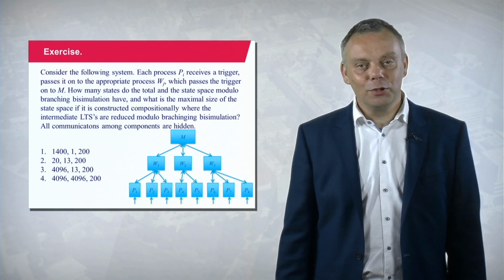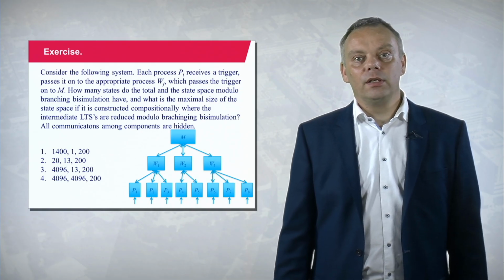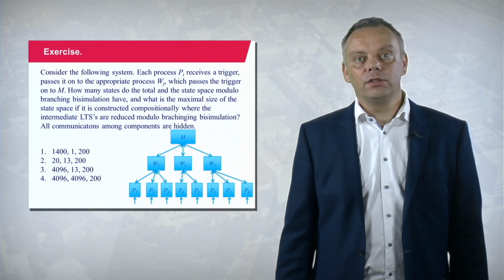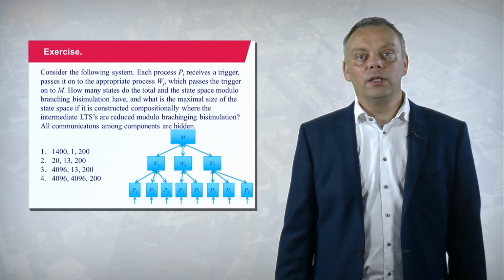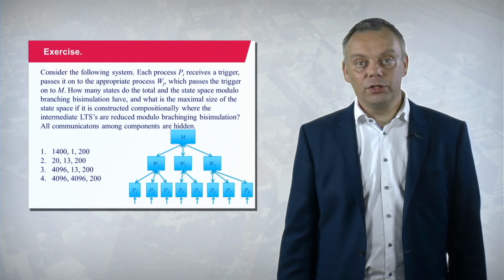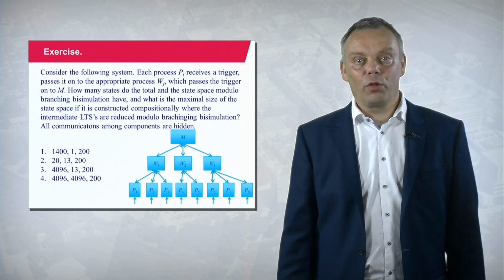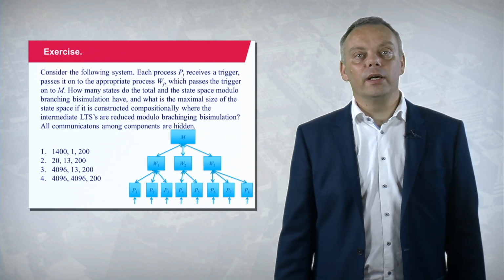That's the second number in the answers. And the third question is, what is the largest intermediate state space if we generate the state spaces compositionally and reduce them modulo branching bisimulation? And that is the third value in the answers.